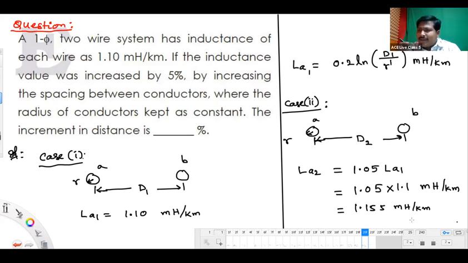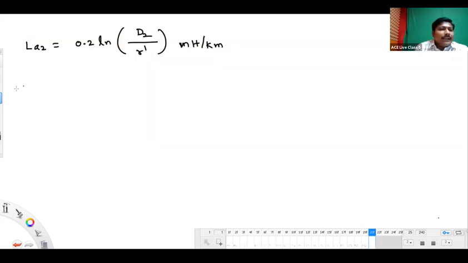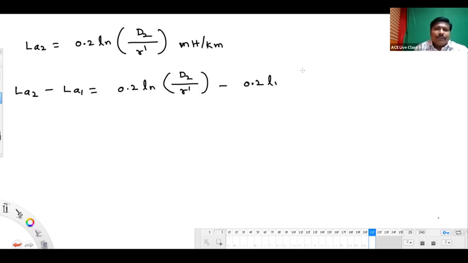There you get ln of D2 by D1 and we'll get the D2 and D1 relation. So LA2 minus LA1 will be 0.2 ln of D2 by R dash minus 0.2 ln of D1 by R dash.